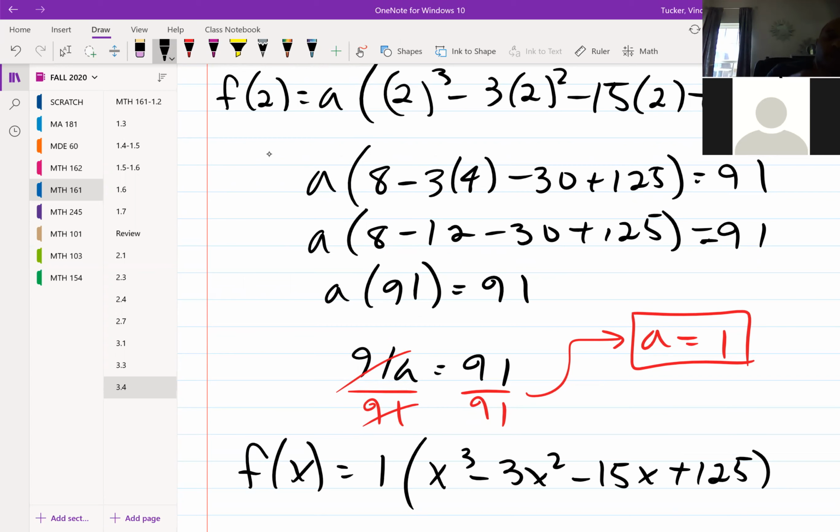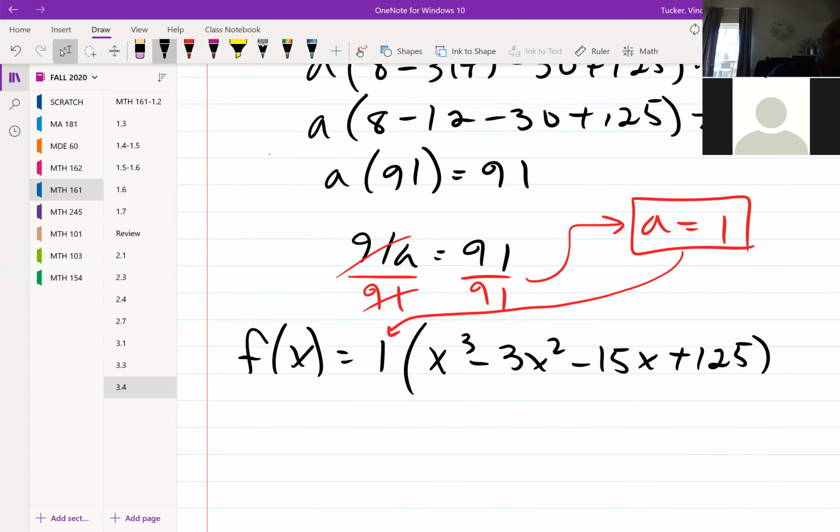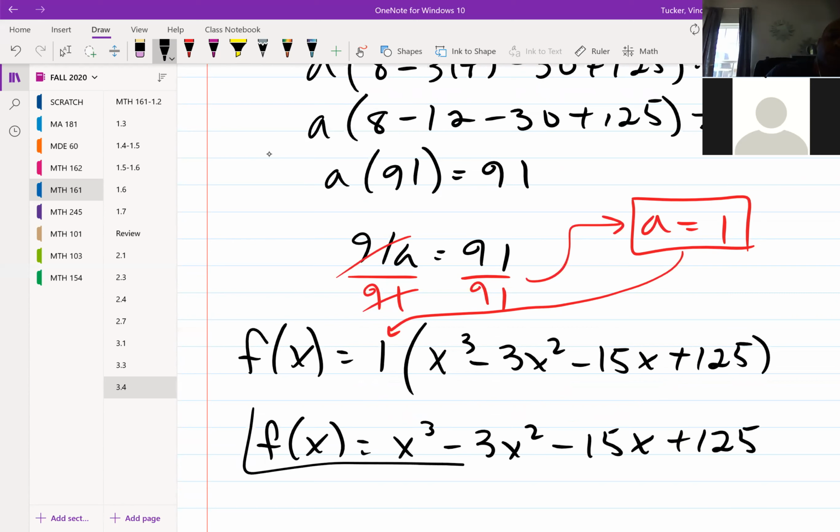We'll plug in 1 for a. So that just means f of x is equal to x cubed minus 3x squared minus 15x plus 125.